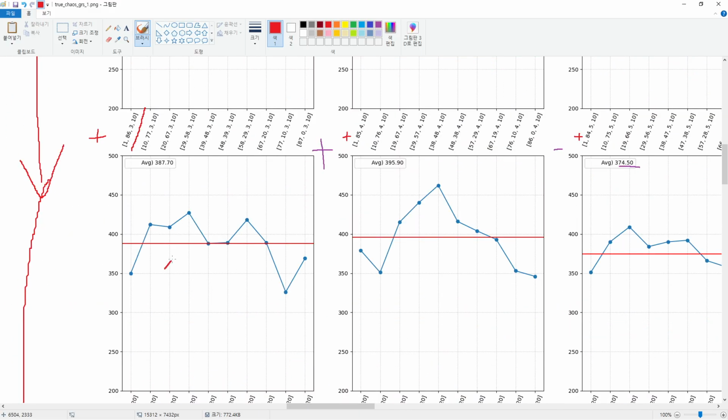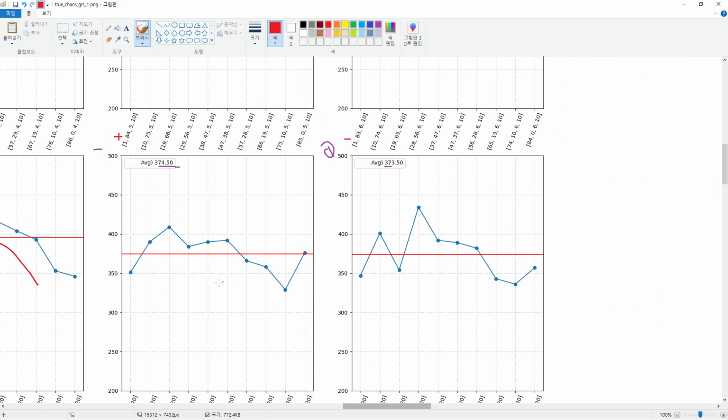But apart from that, there's almost no distinct pattern.